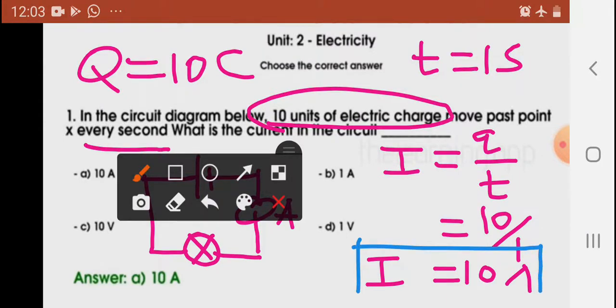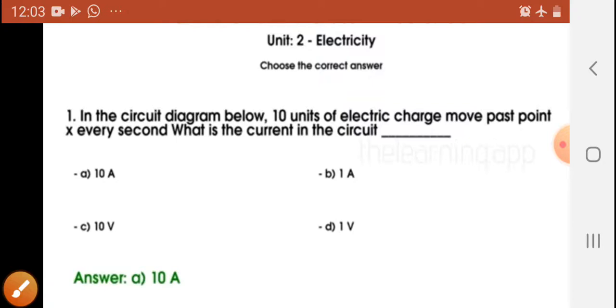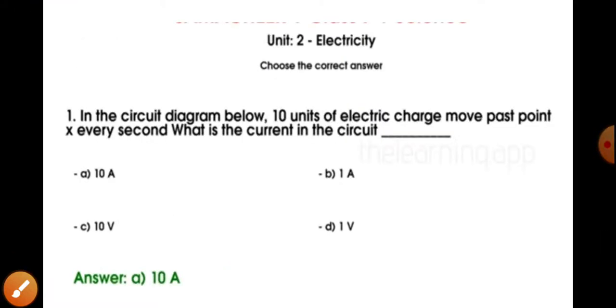Therefore I is equal to 10 ampere. So option A is the correct answer.